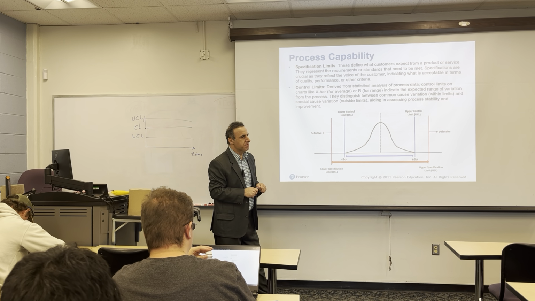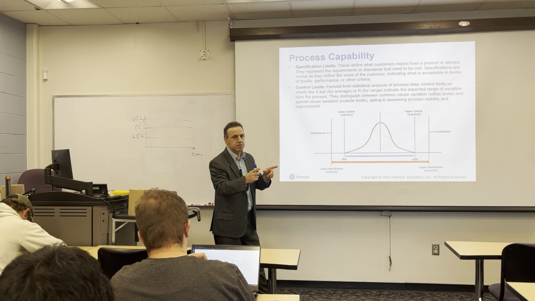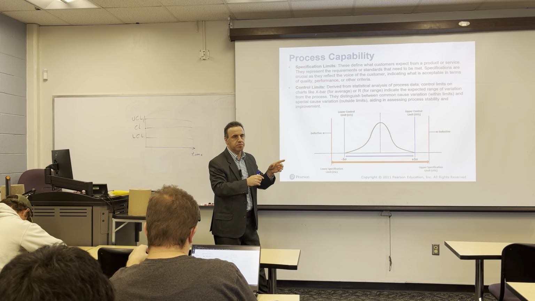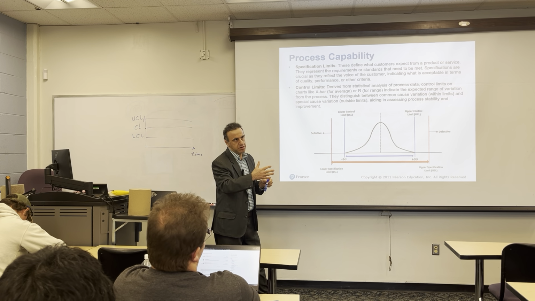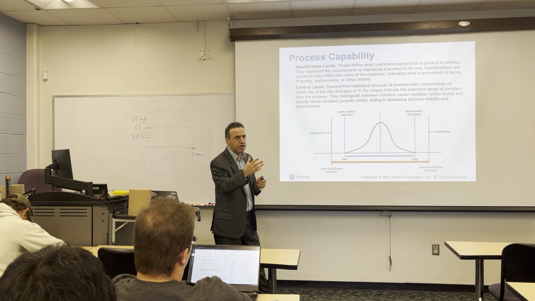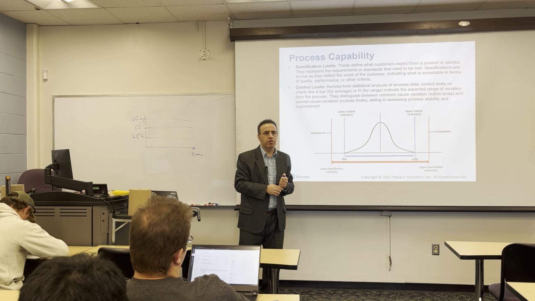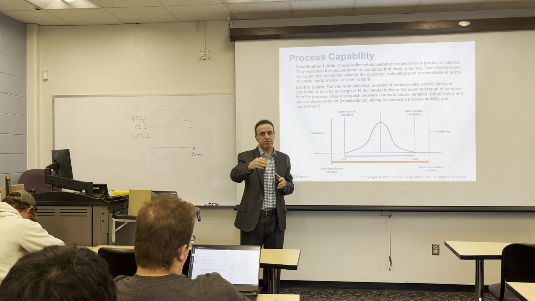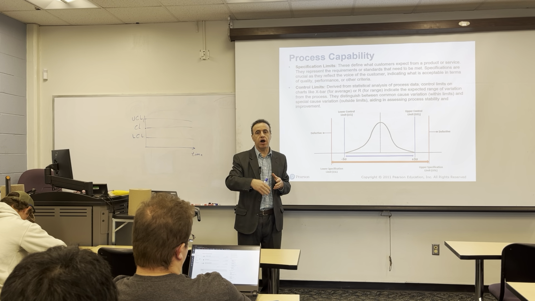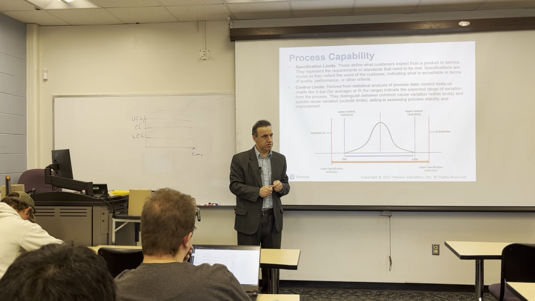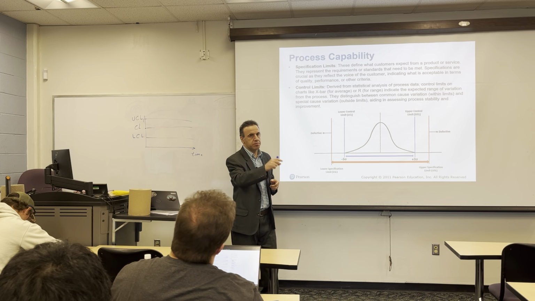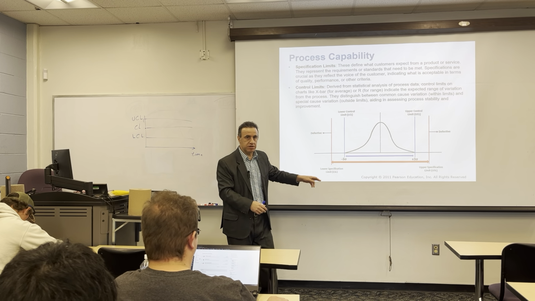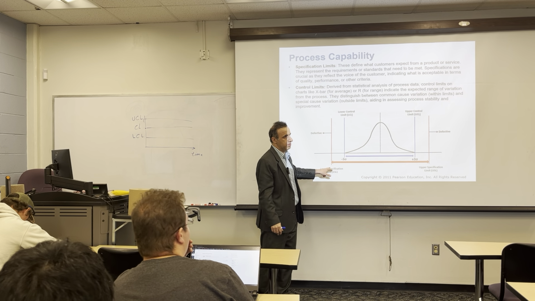So the diameter of that gear has to be within this size, let's say 1 inch plus minus 5,000 of an inch, okay? So 1 plus 5,000 of an inch is going to be the upper specification limit, and 1 minus 5,000 of an inch is going to be the lower specification limit.